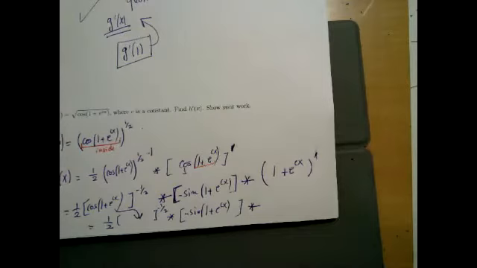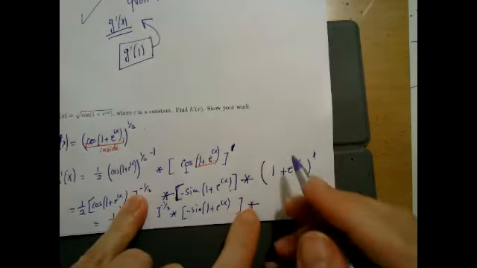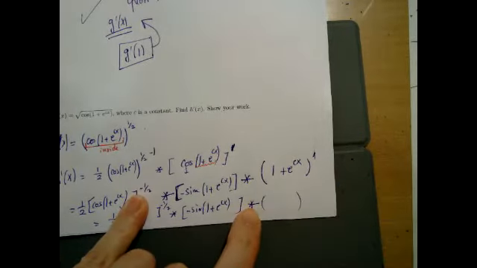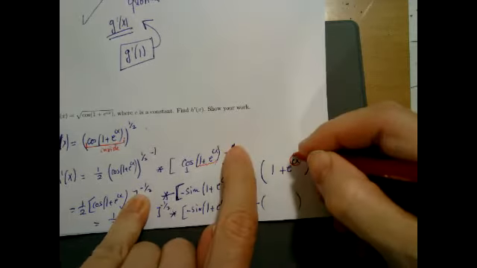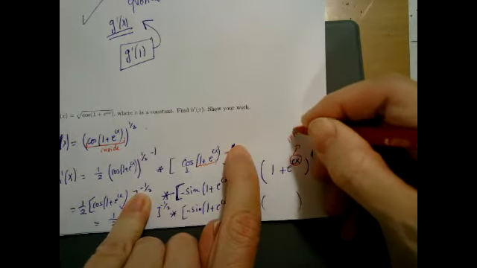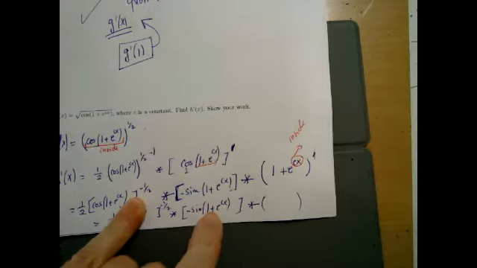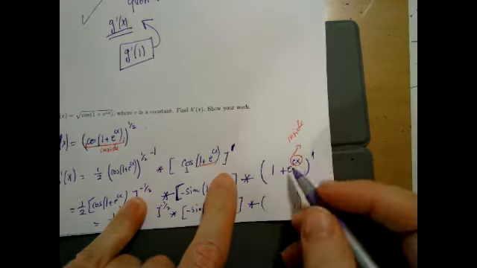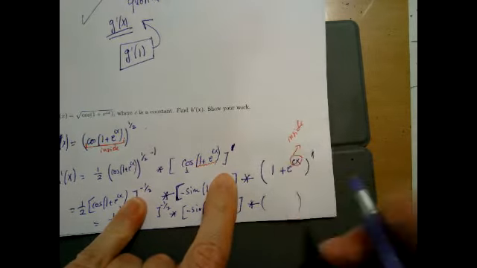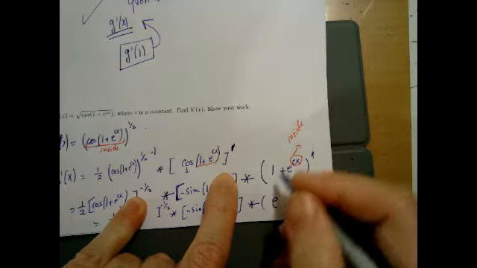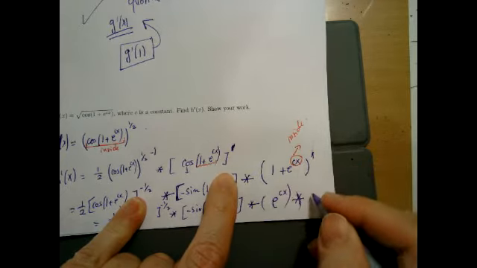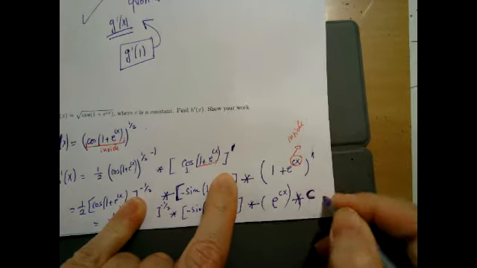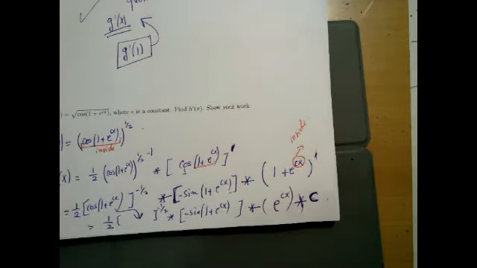Now what's the derivative of 1 plus e to the cx? 1 is a constant, derivative is 0, plus e to the cx, again I have an inside here. So this is my inside function. So the derivative of e to the cx is the derivative of the exponential, which is e to the power cx, times the derivative of the inside, which is c, and that's the end of the problem.